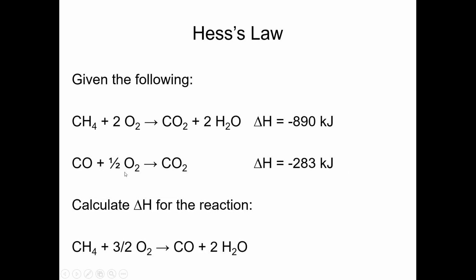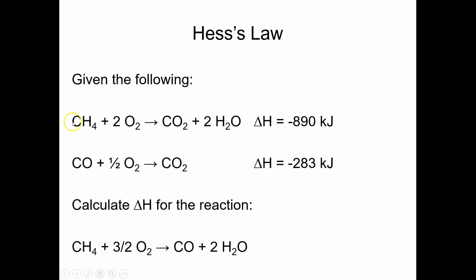And so here's what a problem would look like. You're given the following. For the complete combustion of methane to give carbon dioxide and water, delta H is negative 890 kilojoules, which is a number we've seen several times before. And we can take pure carbon monoxide that we've generated using some other method, and we can burn that in oxygen to give us carbon dioxide.